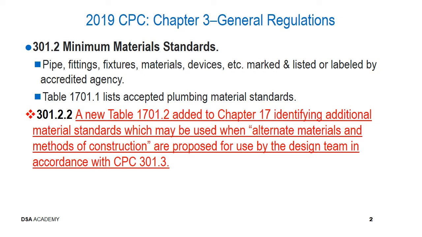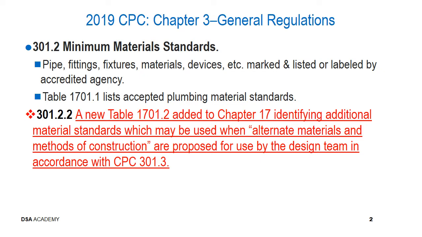There's been a new chapter added in the model code, the UPC, and that is Chapter 17, Table 1701.2. It was added in an attempt to provide some additional information for project designers in the event that alternate materials and methods of construction are being pursued by the design team.